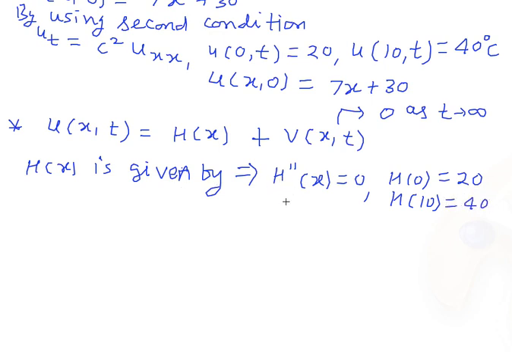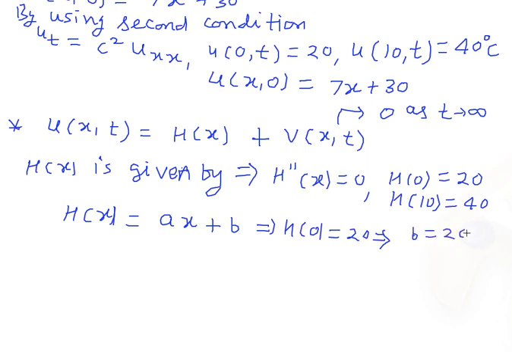The situation is similar to before. You can integrate twice and you will get the solution in the form ax plus b. By using the first condition h(0) equal to 20, you easily get b is 20.